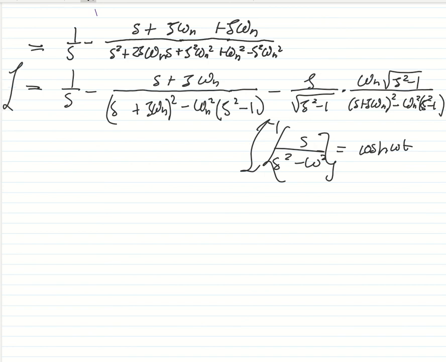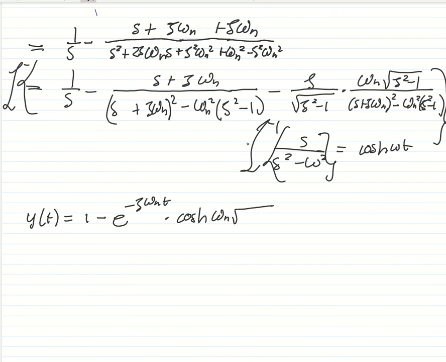So if we take now the inverse Laplace of this whole system to determine y of t, we will have 1 over s is this one. Then for this one, we still have e raised to negative zeta omega n t, then you multiply this with cosine hyperbolic instead of this cosine. Why? Because it's minus. Cosine hyperbolic of omega n times the square root of zeta squared minus 1 times t.